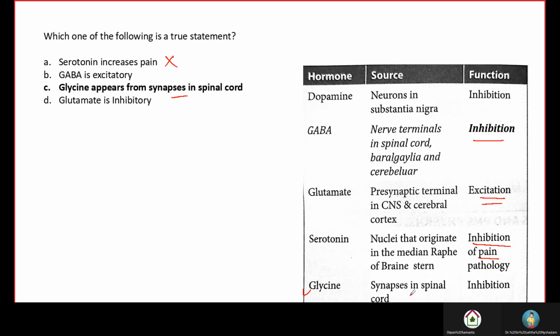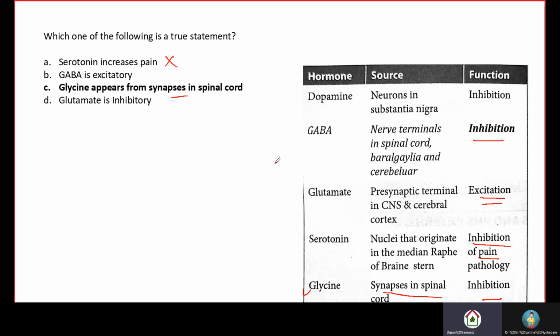So you see the source of glycine, it is produced from synapses in the spinal cord, and its action is also inhibitory.